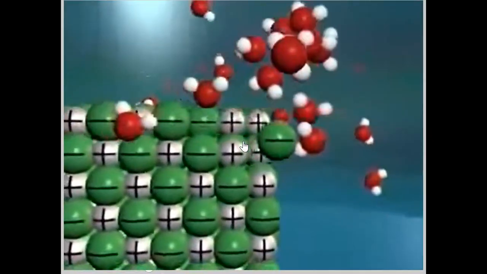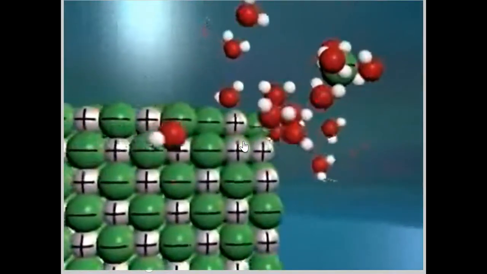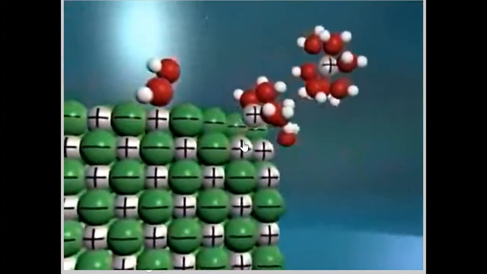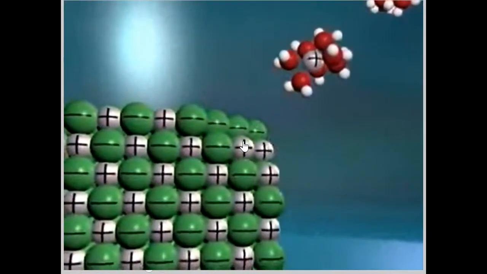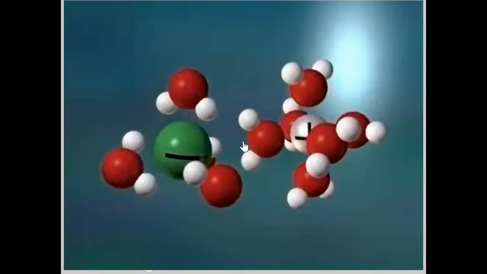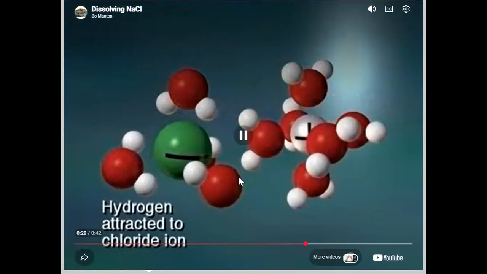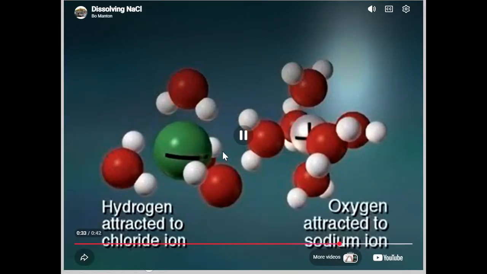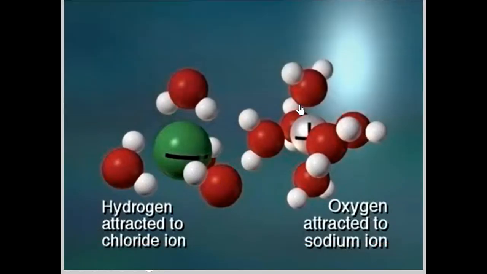It tears apart the salt crystal, dissolving it and pulling all the pieces of sodium chloride into the water solution. Again, notice that the chlorine is attracted to the positive sides of water molecules, and the sodium is attracted to the negative side of the water molecules.